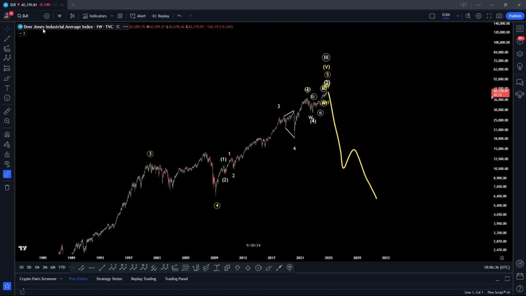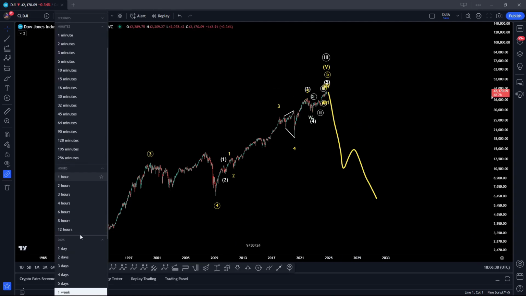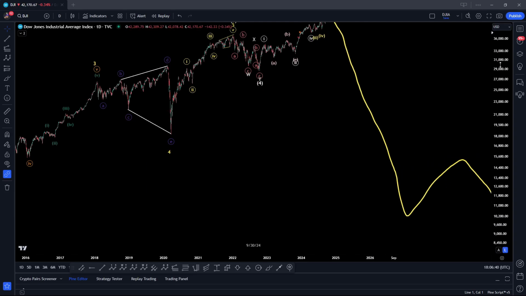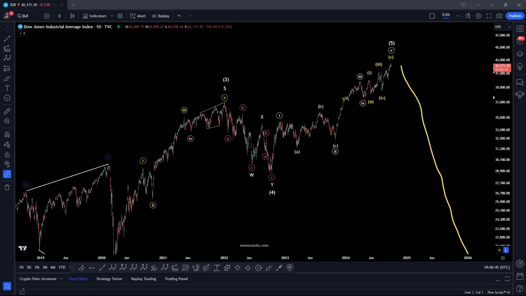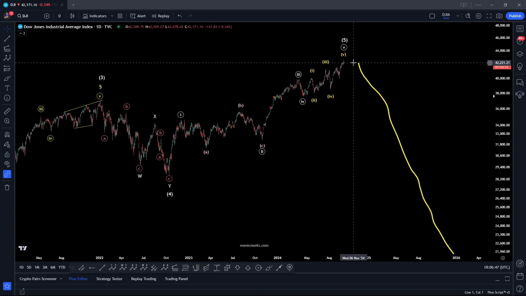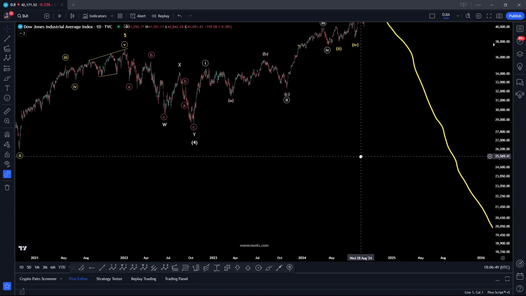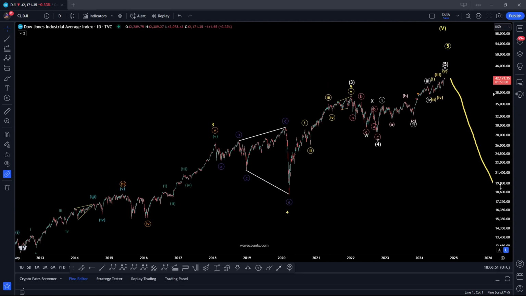Okay, and we have that terminal pattern to thank for the confidence in converting your position to cash. Because what's the point of all this, right?